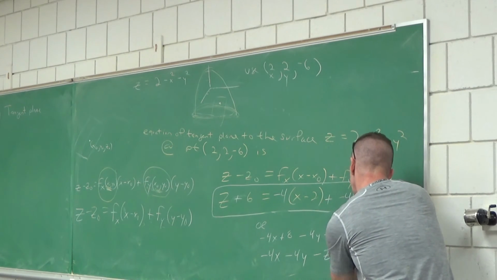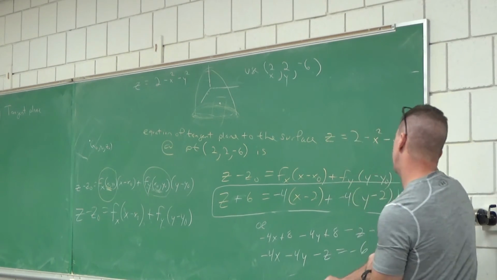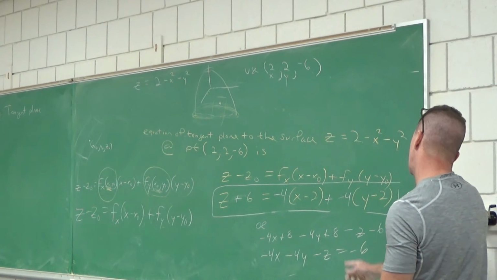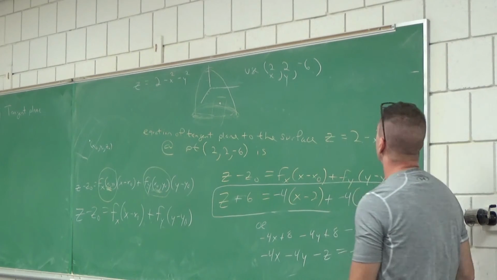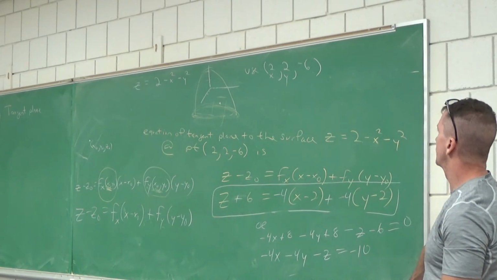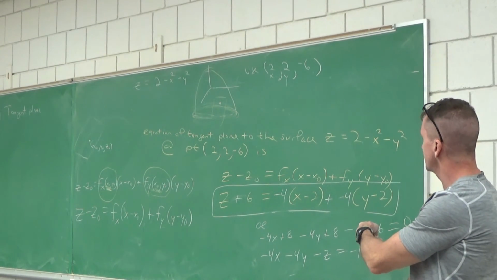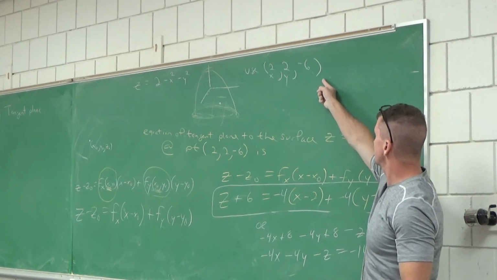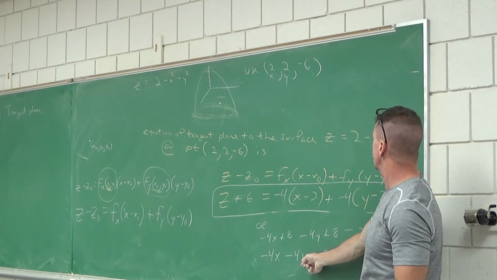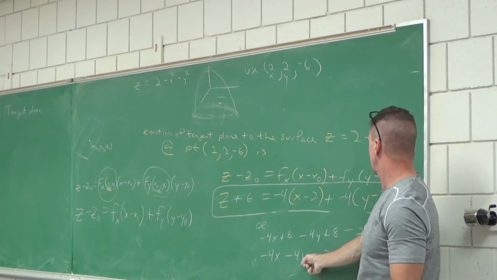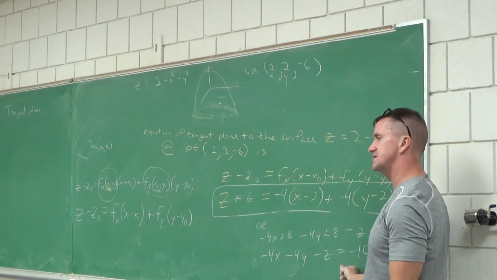Is that right? No, not negative 6, negative 10. I'm going to double check it. Negative 8 minus 8, negative 16. Negative 16 plus 6, negative 10.